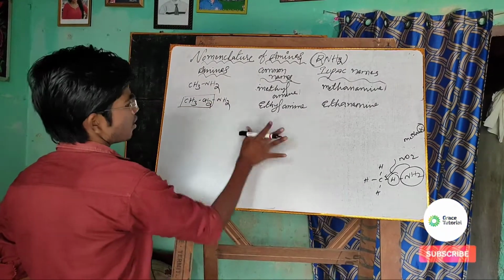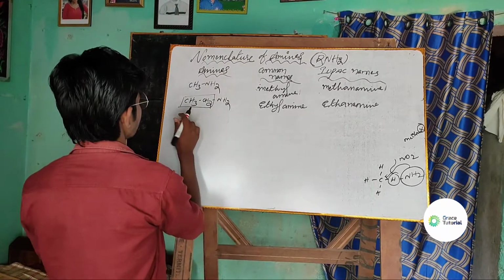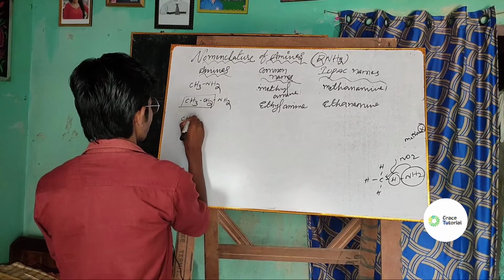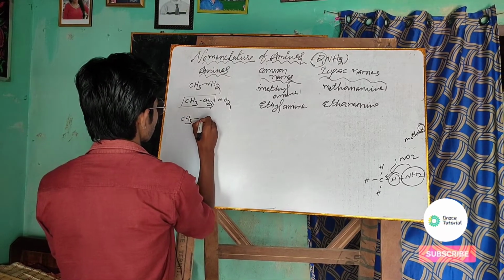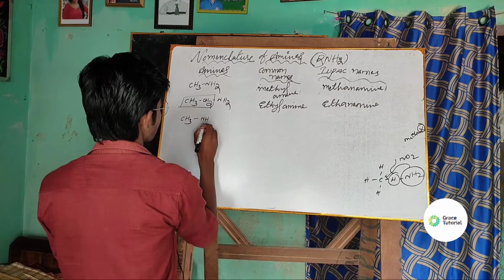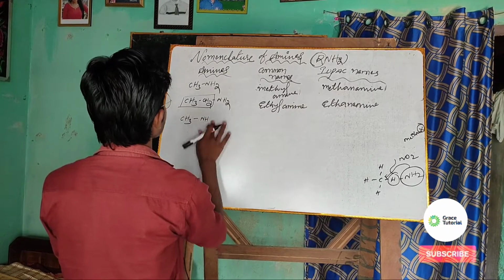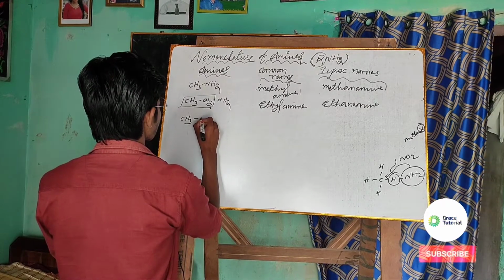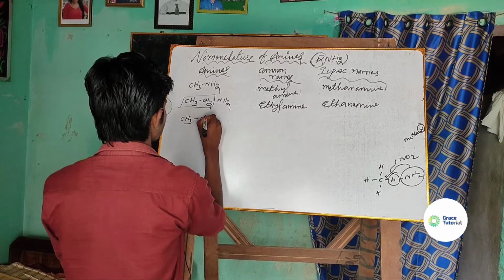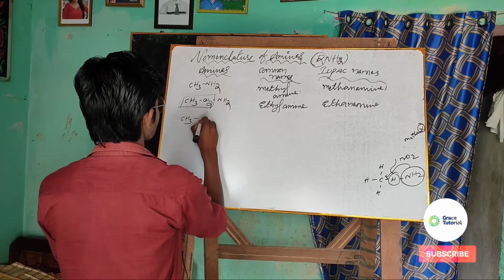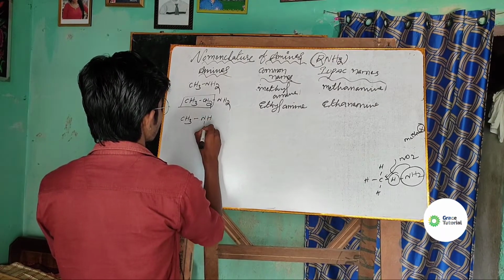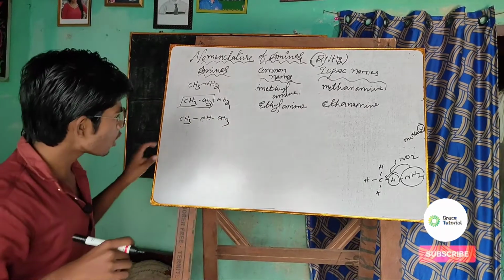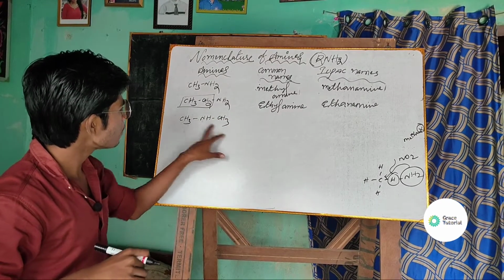Well, let me write one more example. This is all about the primary amines. Suppose I have written this one. If you look here, how many methyl groups are there?